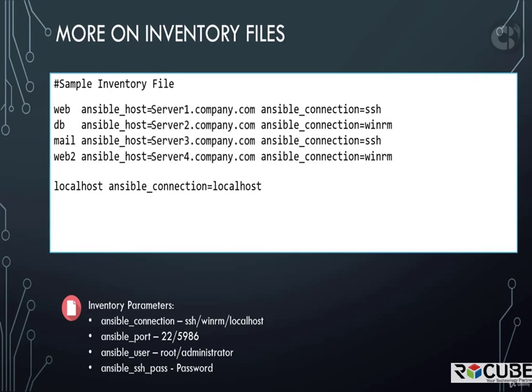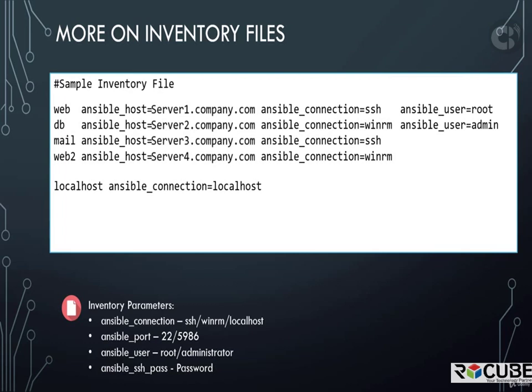ansible_port defines which port to connect to. By default, it is set to port 22 for SSH, but if you need to change that for some reason, you can set it differently using the ansible_port parameter. ansible_user defines the user used to make remote connections.